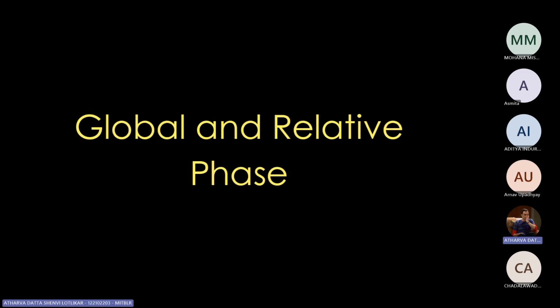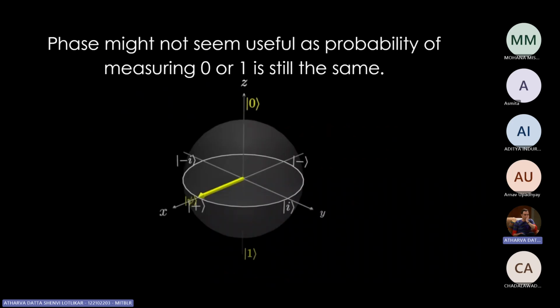So coming to the two different kinds of phases, I think Arshid had covered this in the last lecture. Phase might not look that useful for now because at the end the magnitude remains the same. Let's just say in the XY plane here, you take a vector anywhere in this plane, its magnitude is going to be the same, no matter how you represent it.